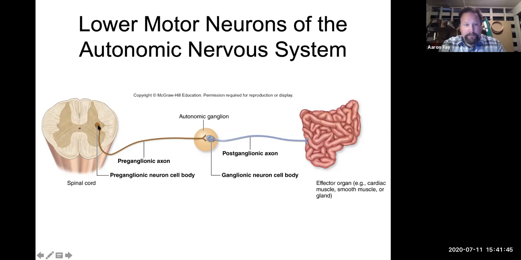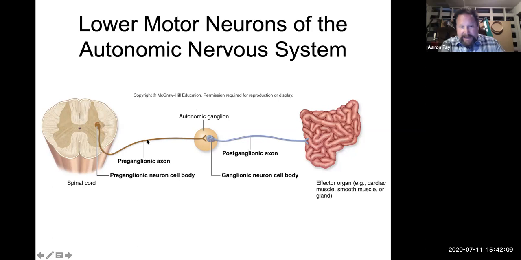Its axon, which is called the preganglionic axon, because it's the axon of the preganglionic neuron, is going to leave, because it's motor information, by the anterior rootlets, anterior root, and so on.